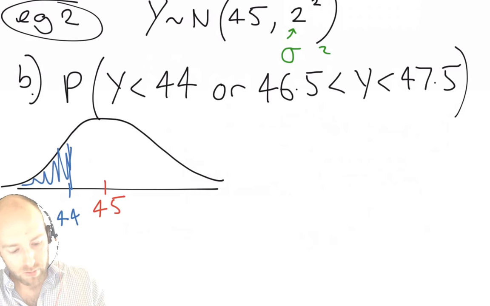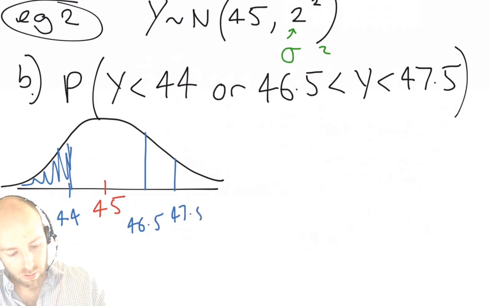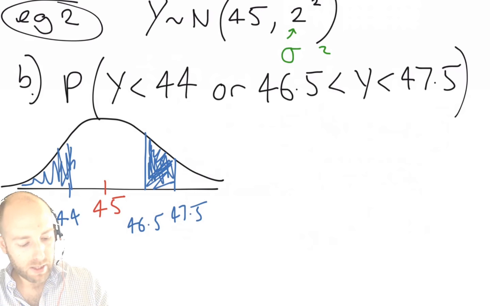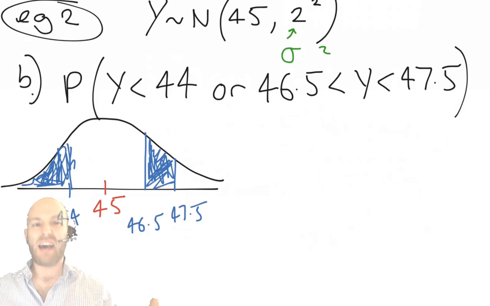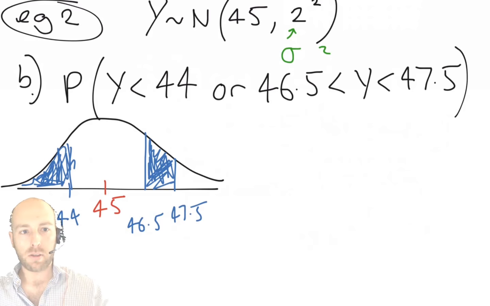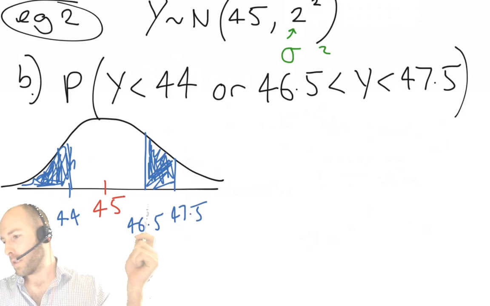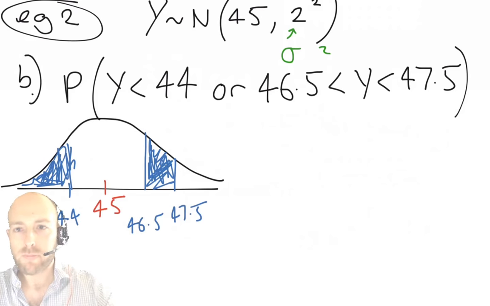Now we want 46.5 to 47.5. Calculators are good, but they can't find two separate regions. So we have to do this in two different parts. So we're going to do less than 44, and we're going to do between 46.5 and 47.5.